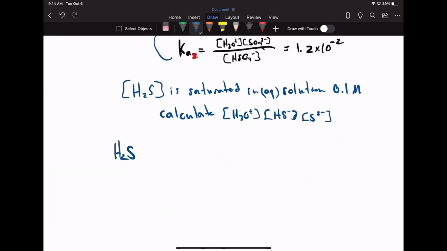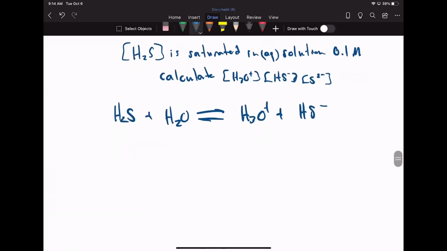This is our first ionization. Plus we're going to put it in some water, and we're going to get hydronium, plus this conjugate base, HS minus. So that's the first ionization.